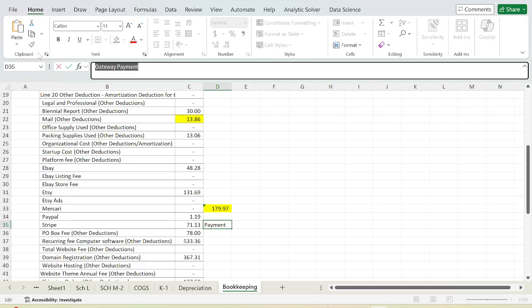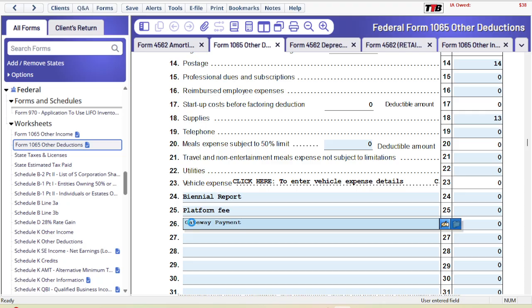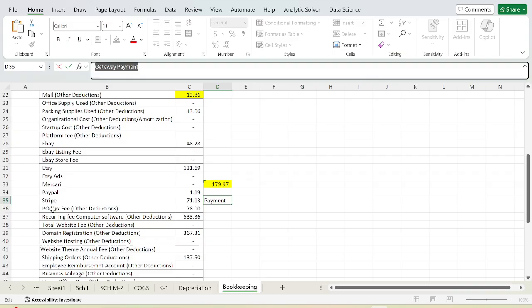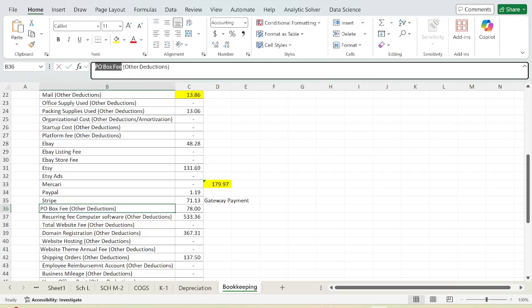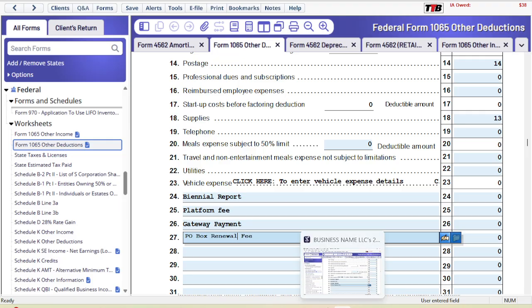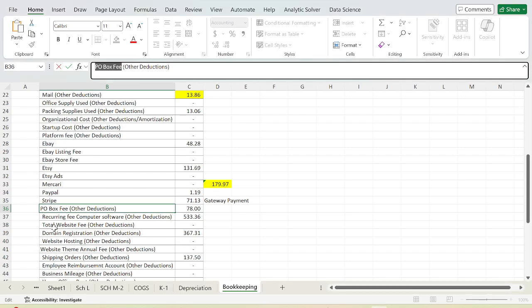If I don't want to summarize them under platform fee, I can just put gateway payment. Then we can go back and see PO Box fee. I will say PO Box renewal.